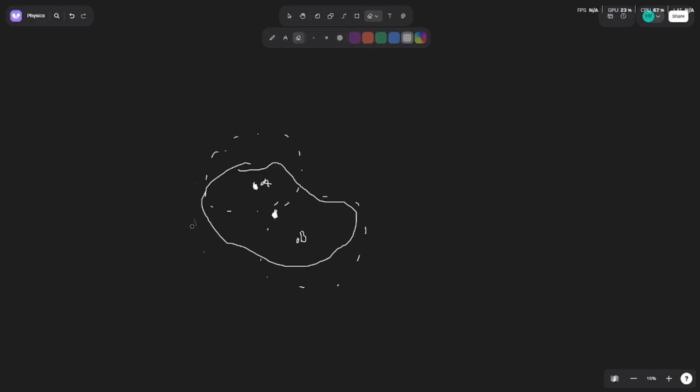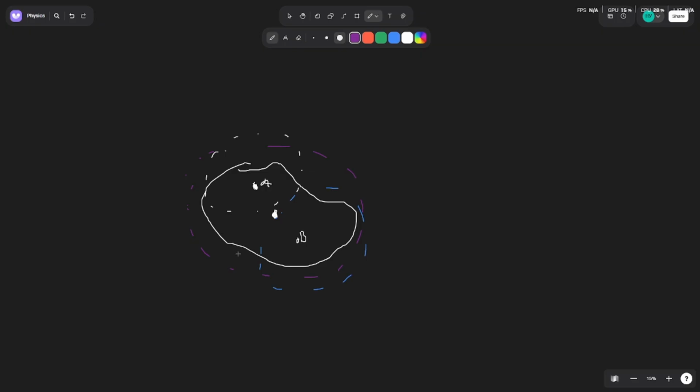Let me represent it another way. The white is for point A, the blue is for point B, its rotational path, and the purple is for the whole body. So the whole body rotates around its center, and basically this is the mass center.